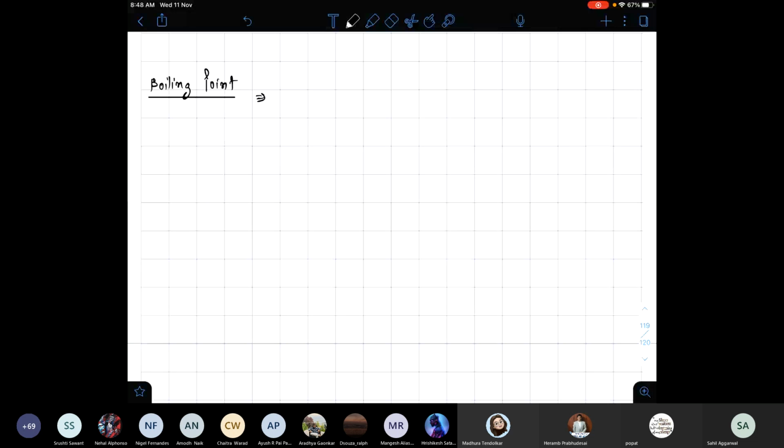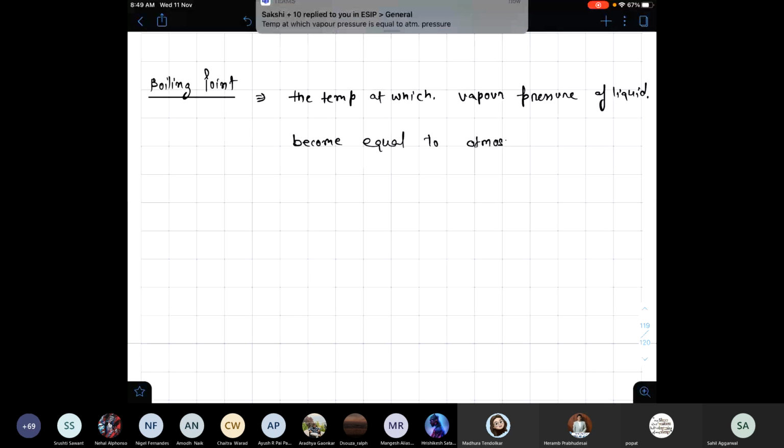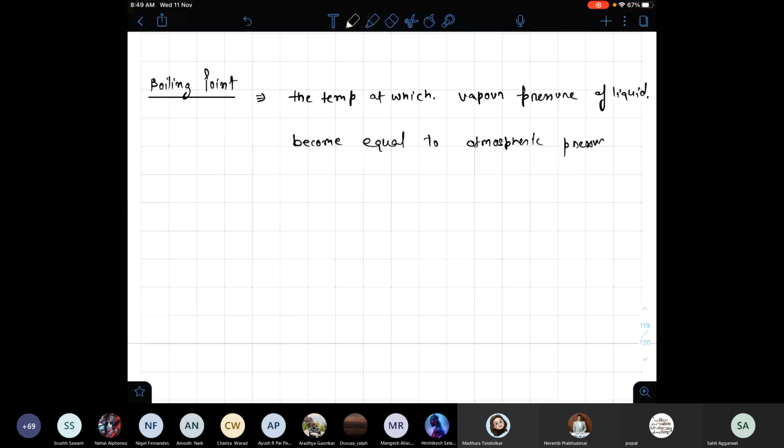The temperature at which the vapor pressure of a liquid becomes equal to atmospheric pressure is called the boiling point.